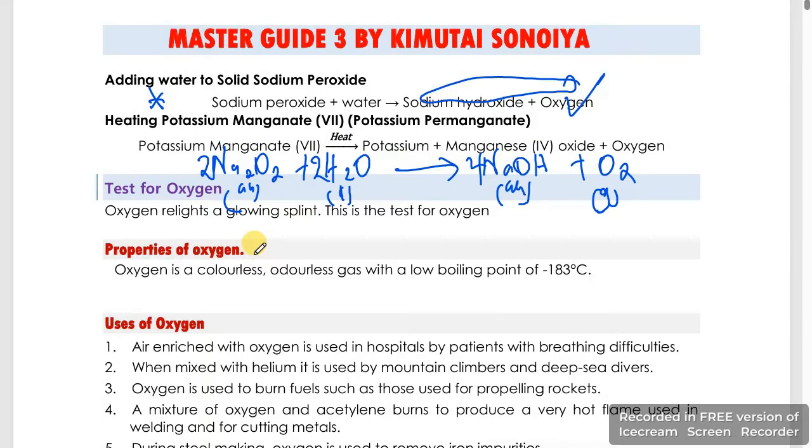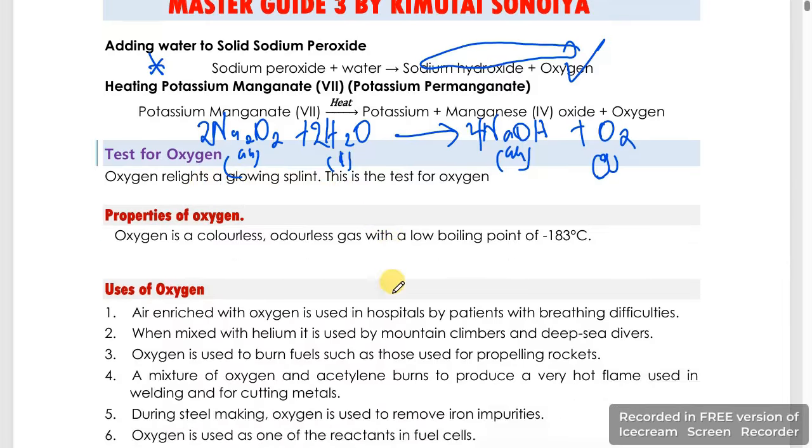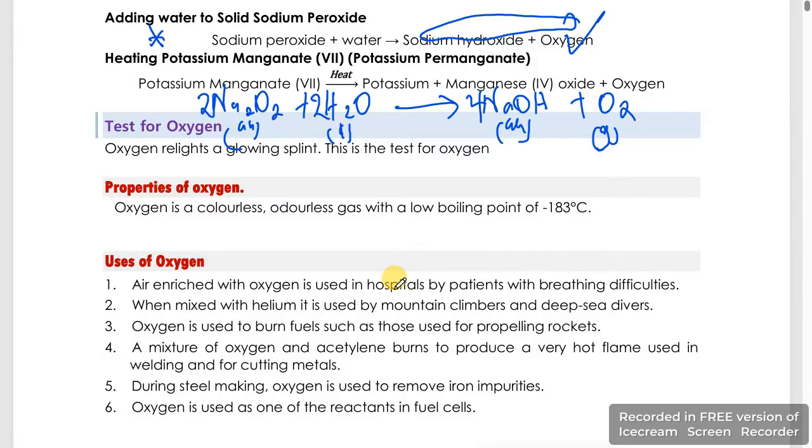When you introduce a glowing splint, a stick with fire in front, if you put it in and it relights, it is called rekindling. So oxygen rekindles a glowing splint. This is the test for oxygen. If you know what I have mentioned, you will get everything. In paper 1 there must be one gas being prepared from Form 1 to Form 4.